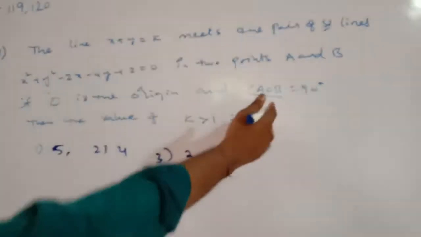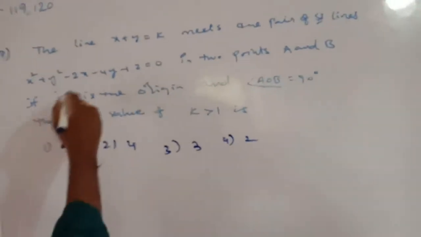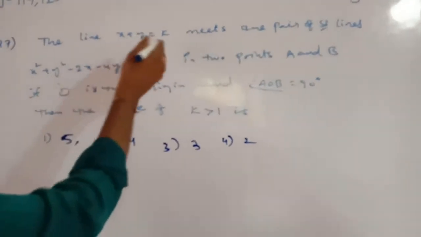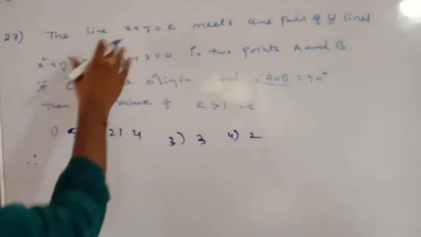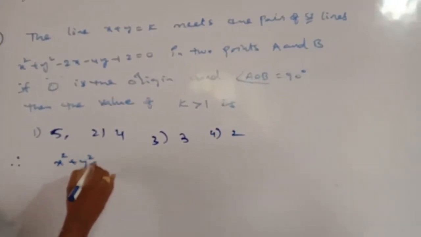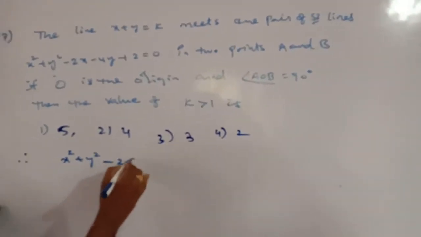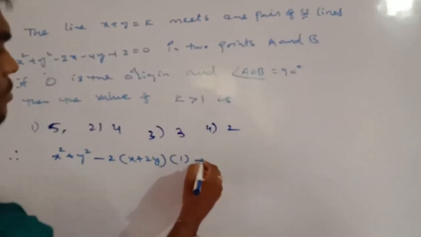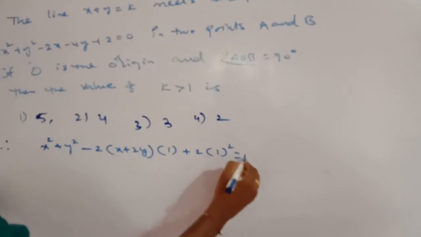Okay, now angle AOB is 90 degrees and the pair of straight lines meets the line x plus y is equal to k. Now this is the homogenizing process. x² plus y² minus 2 of (x plus 2y) into 1 plus 2 into 1 whole square is equal to 0.